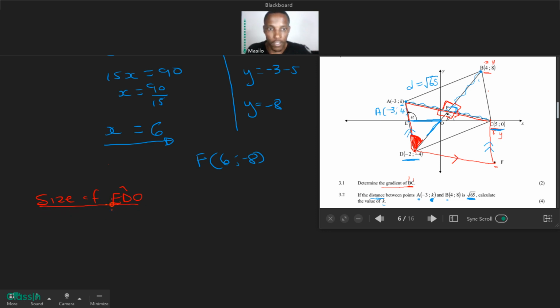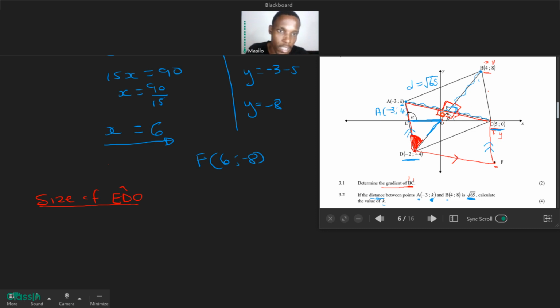So we're looking for size of EDO. EDO is an angle wherein we can say this is an alternating angle to this. It's an alternating angle to that.